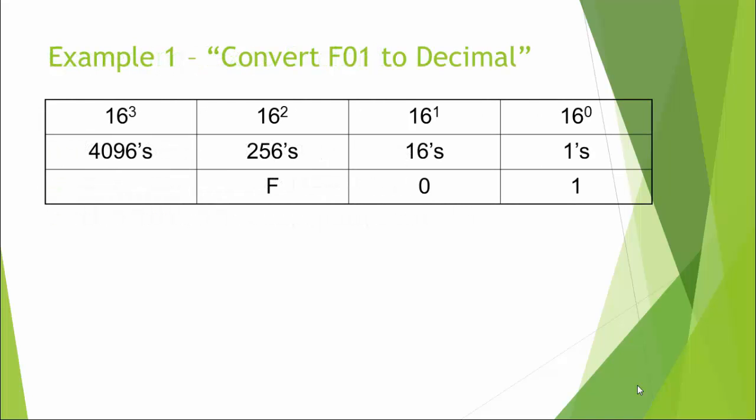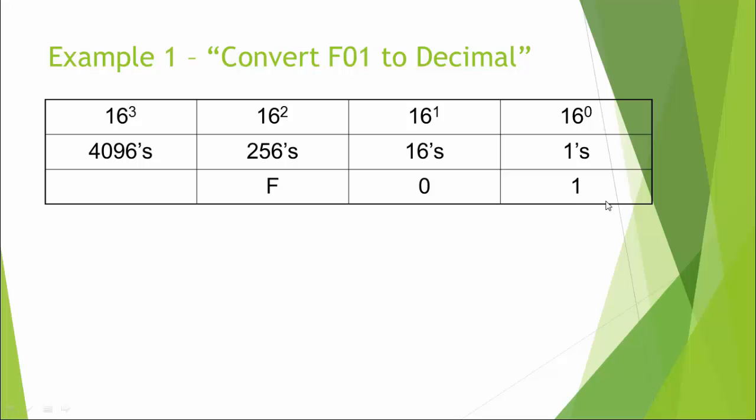Okay. So here's our table here with our first example problem. Convert F01 to decimal. Now our table starts out with the 1s, the 16s, the 256s, and the 4096s. And we write in F01.